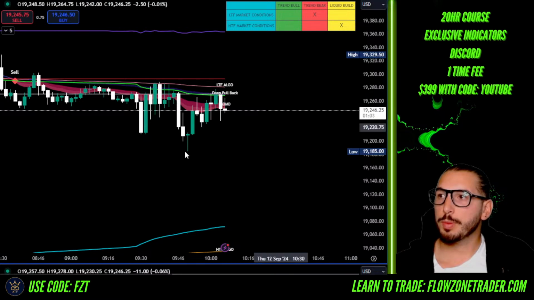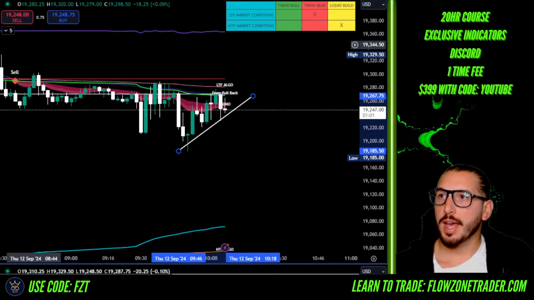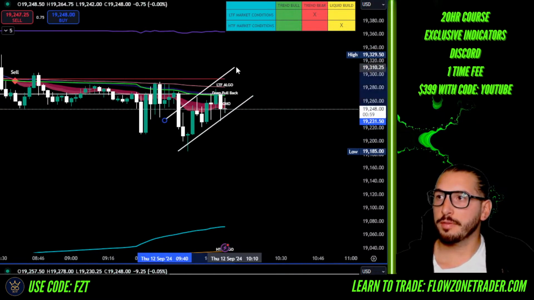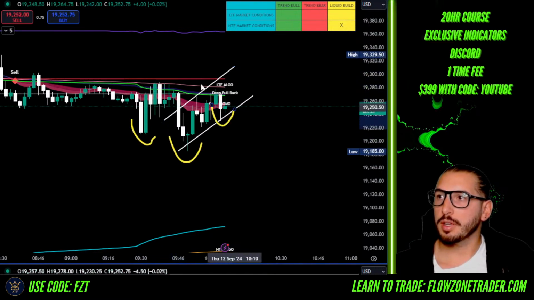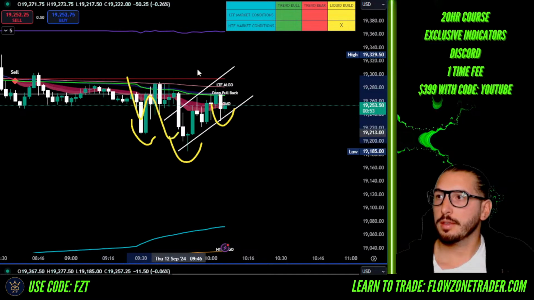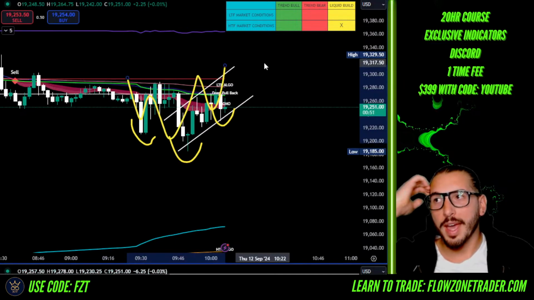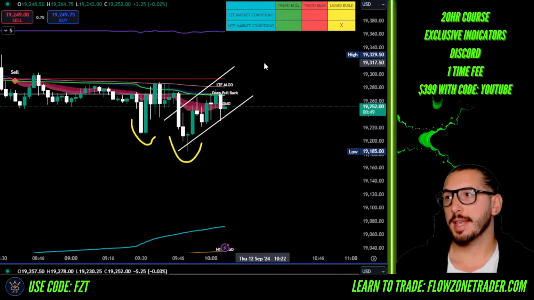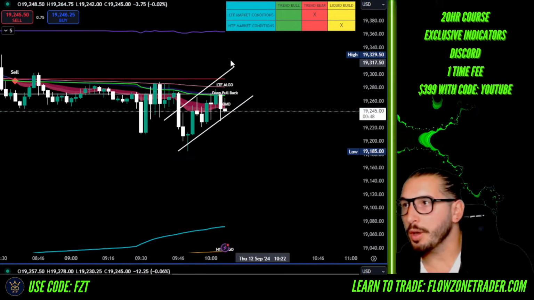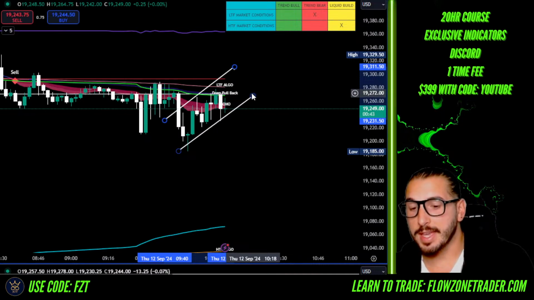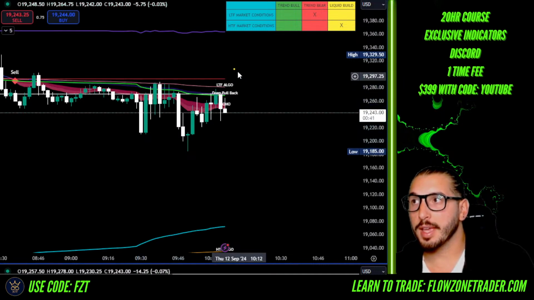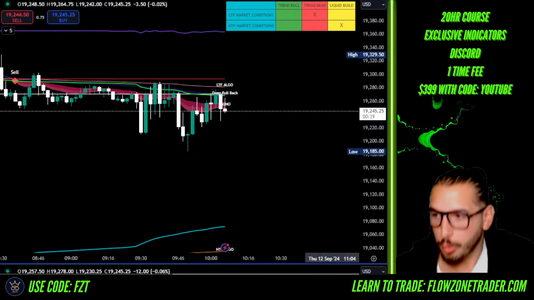So the possible plays here: possible flag downside right now, lower time frame, possible inverted head and shoulder, lower time frame, okay? So we don't know, and it is without a doubt not clear. What I would say is we've had upside pressure, and for me, it is due a big pullback, and it will still be bullish with a big pullback.